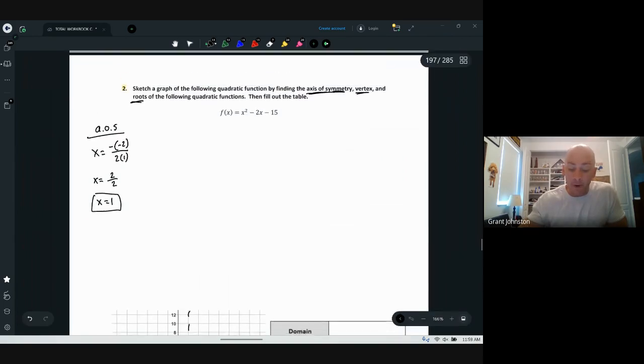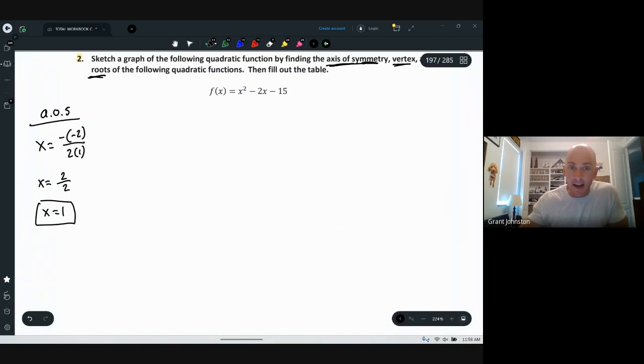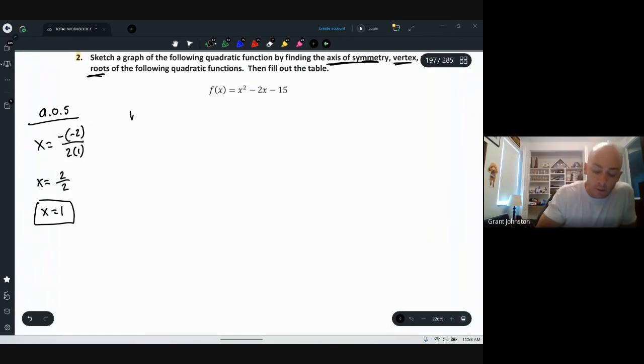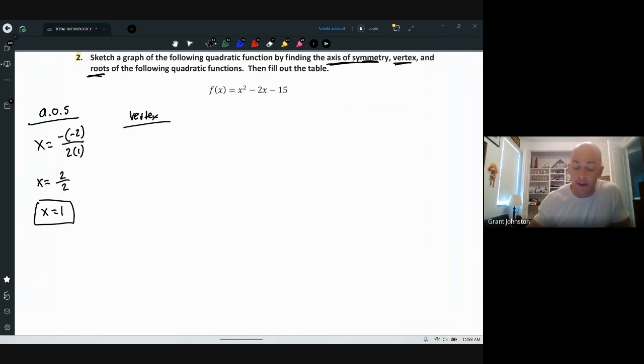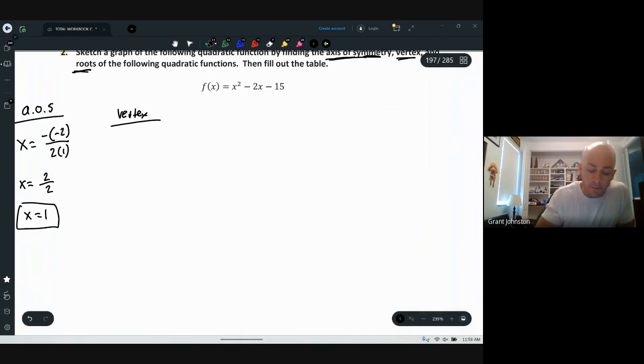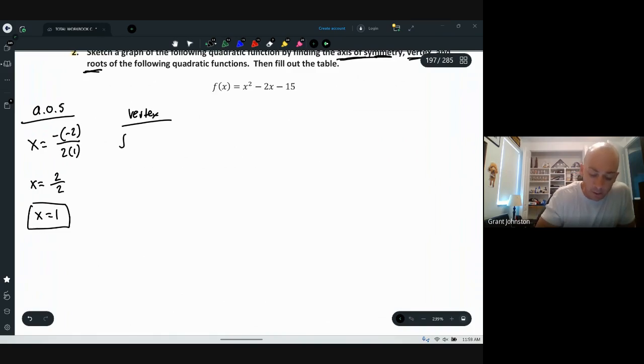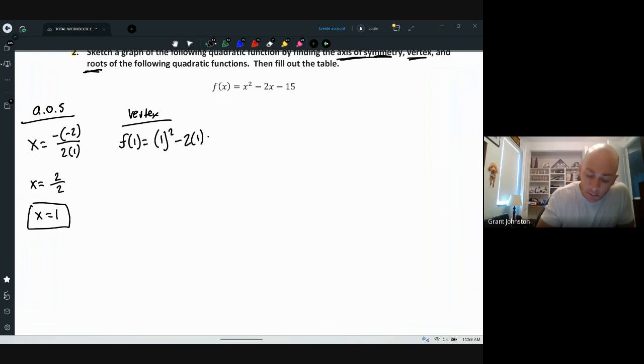Now I need to find the vertex. So remember, the vertex is on the axis of symmetry. So I am going to plug in the axis of symmetry for x. So I'm going to find f of 1, which would be 1 squared minus 2 times 1 minus 15. 1 squared is 1, 2 times 1 is 2. So that is 1 minus 2 is negative 1, minus 15, negative 16.